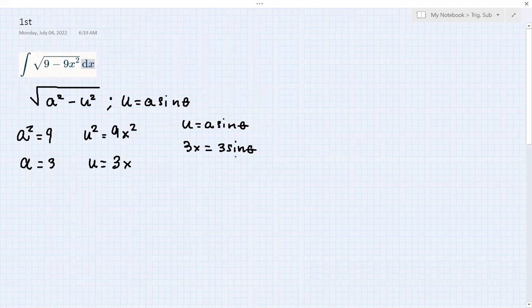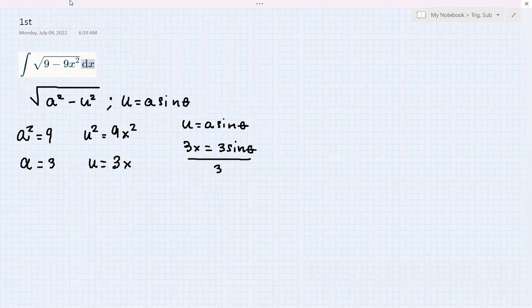Ayan. So, na yun, this is actually the second step. The second step is substituting this equation. Third step is let's find your x. How can we find your x?